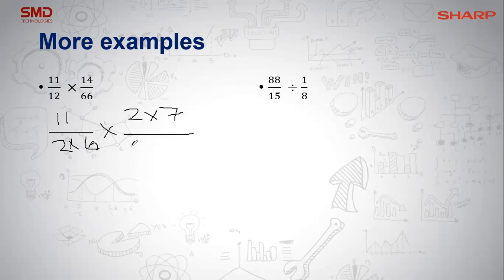Okay, and then we have 14, which we can break down into 2 times 7. And 66 is 6 times 11. Okay, now what we do is we go and we look for a match in the top and in the bottom. So I've got an 11 in the top and an 11 in the bottom. And basically what it means is 11 divided by 11 is 1. Okay, so that's 1. And then I've got a 2 at the bottom and a 2 at the top.